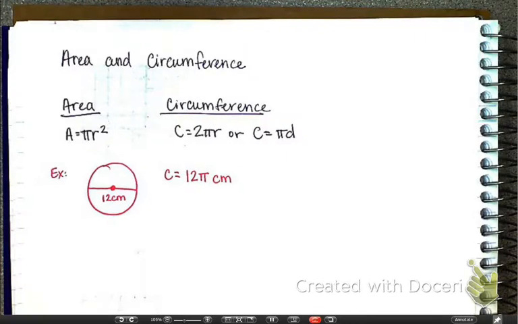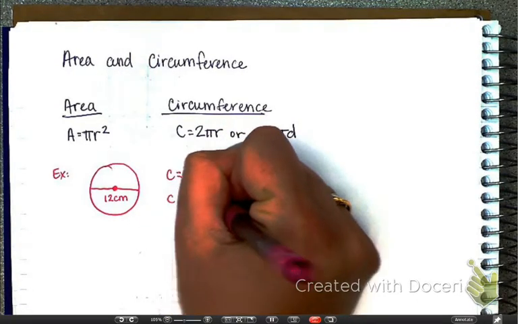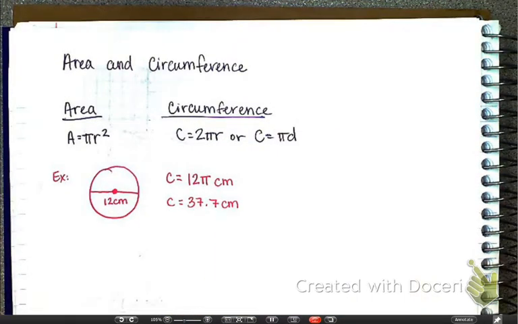Okay, so that's our exact answer in terms of pi. We're also going to find that answer rounded to the nearest tenth. So in your calculator, 12 times pi. Rounded to the nearest tenth, 37.7 centimeters.